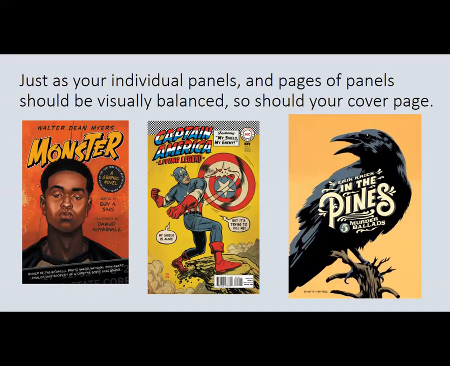We talked about different kinds of balance: symmetrical, asymmetrical, radial. A lot of times, but not always, covers will be asymmetrically balanced. Sometimes they'll be radially balanced, and other times, probably fewer, symmetrically balanced. But you can do your cover however you want in terms of balance.